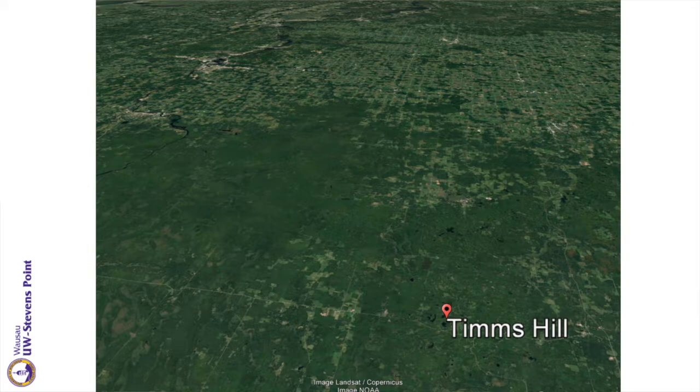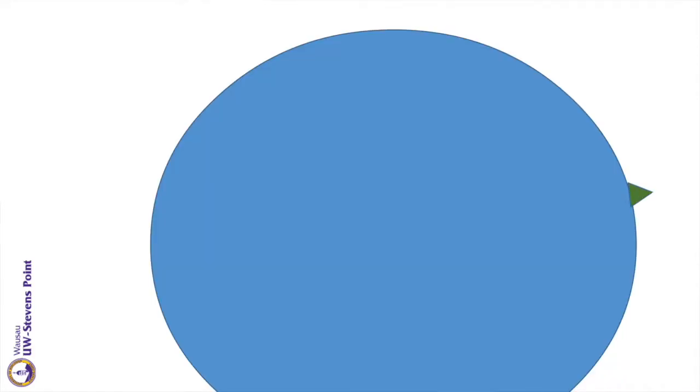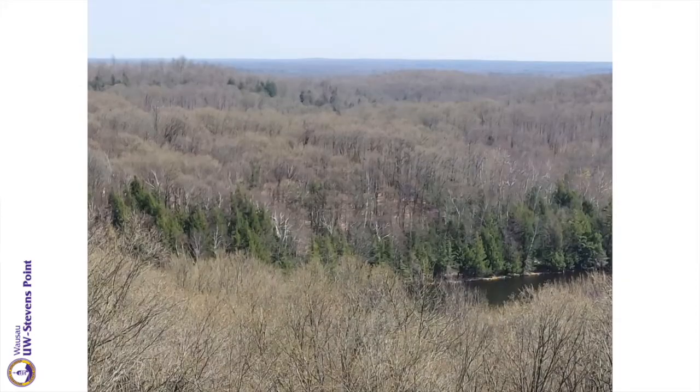It stands out just enough that with the intervening landscape and the curvature of the earth, you can actually see Rib Mountain from Timms Hill if you know where to look. Okay? It's about 43 miles. But you know where to look? Oh yeah, there you go. The curvature of the earth gets in the way as well as intervening topography.